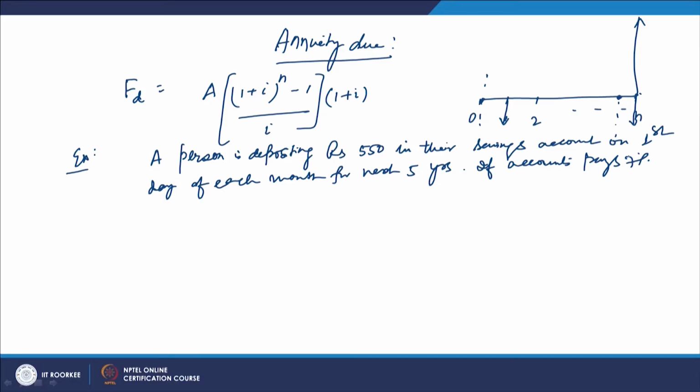Suppose a person is depositing rupees 550 in their savings account on the first day of each month for the next 5 years. If the account pays 7% interest compounded monthly, how much will they collect at the end?